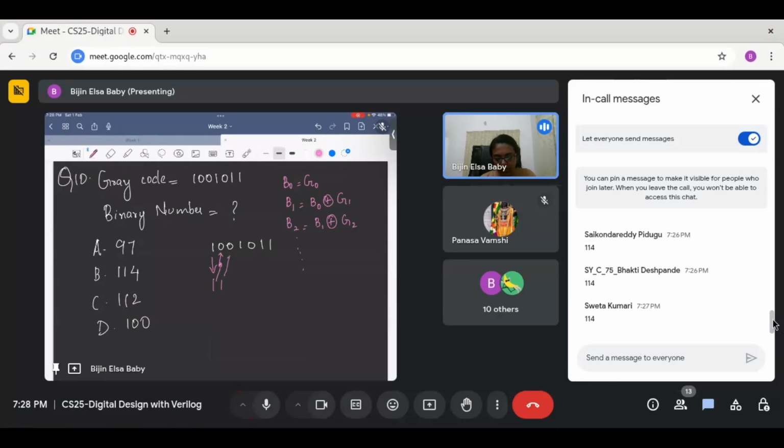Again 1 XOR 0 will be 1. 1 XOR 1, that will be 0. 0 XOR 0, 0. 0 XOR 1, 1. 1 XOR 1, 0. This will be the binary number, and 114 will be the decimal equivalent of this binary. All of you understood?